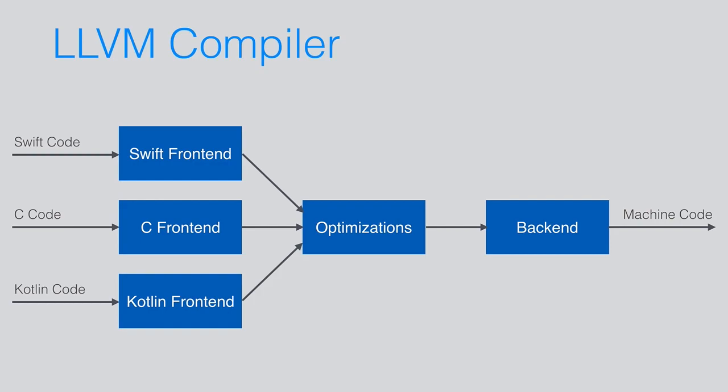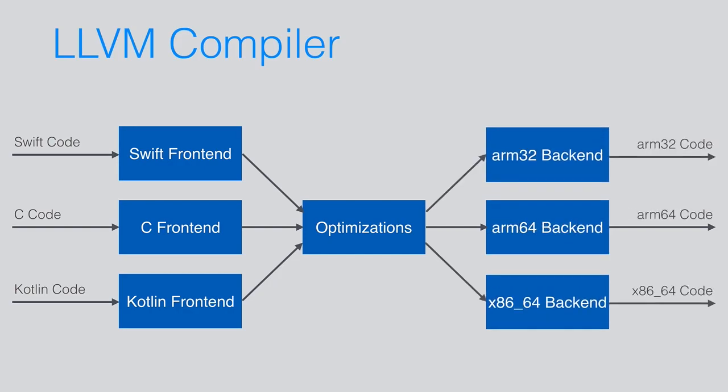So on the front end, it really looks like this. Your Swift code goes into the Swift front end, and that compiles it into this IR, this intermediate representation. The same thing for C code, Kotlin code, and this is how LLVM as a compiler, or GCC, or a lot of these other compilers, are able to support a ton of different languages in the same compiler, by doing this kind of thing.